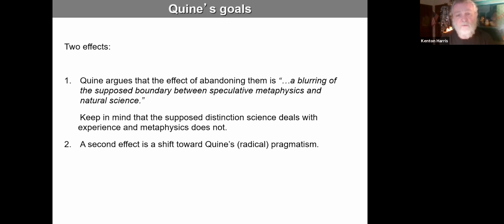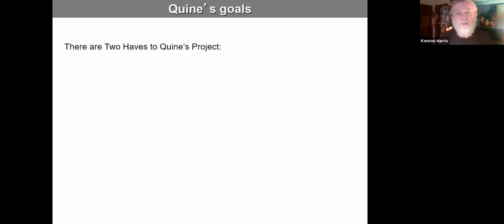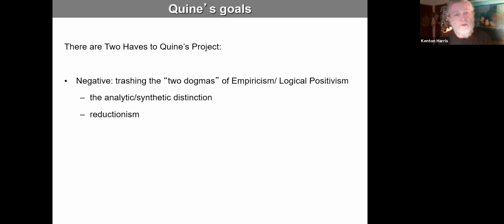The second effect would be a shift towards what Quine calls radical pragmatism. We've already been dealing with pragmatism, and this is sort of new wave pragmatism, or second generation pragmatism. There are two halves to Quine's project. The negative is trashing the two dogmas of empiricism and logical positivism, the analytic synthetic distinction and reductionism.